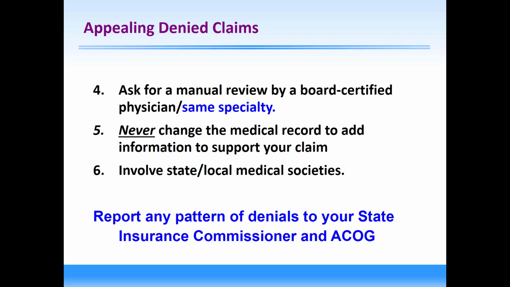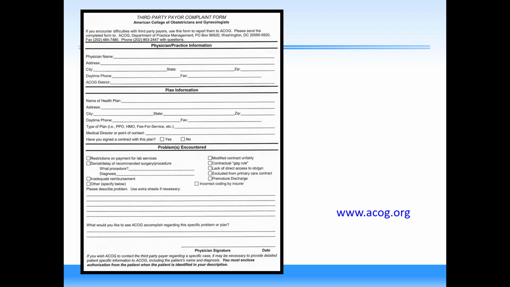And there are also instances where there is a pattern of denials by a specific insurer or third-party payer. And when this happens over and over again and you're certain that it's happening unjustifiably, at that point you want to notify your state insurance commissioner, and you also should mention this to ACOG. ACOG has a form for reporting third-party payer complaints.